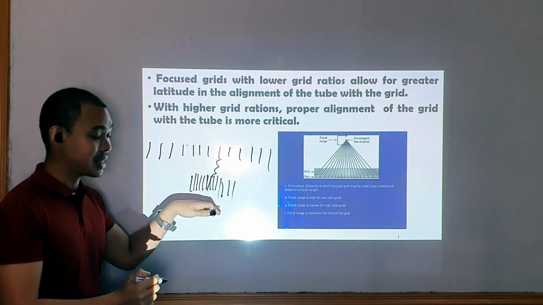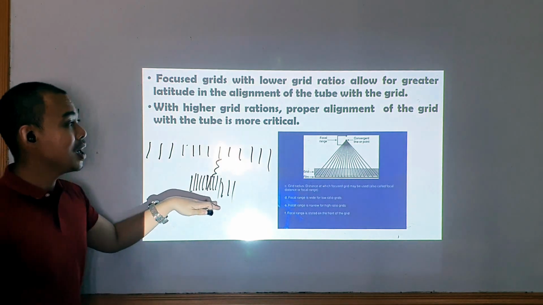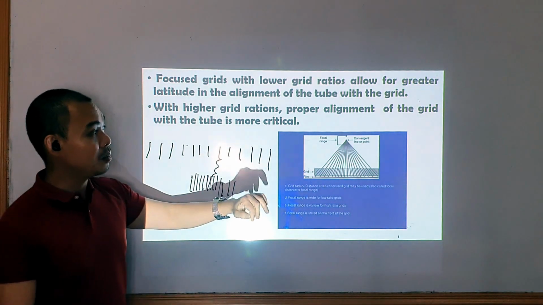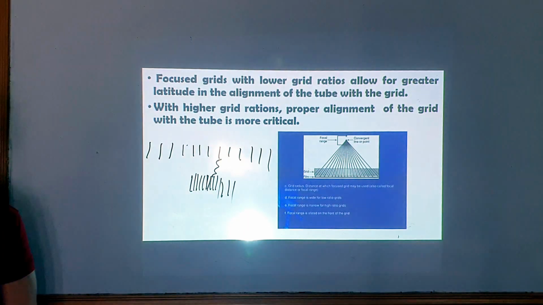Because remember, this is a high grid ratio, you have a lot of lead strips as compared to this one. That's why the placement of your X-ray tube for this one is critical.